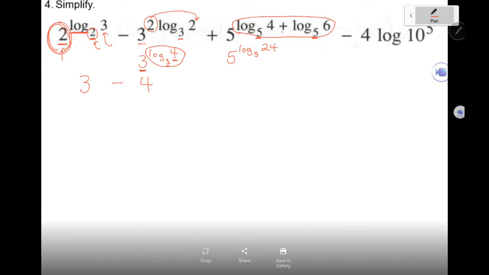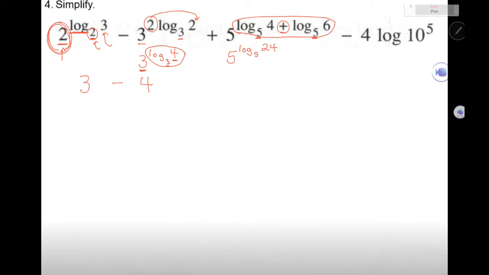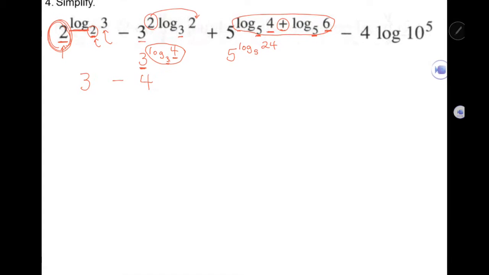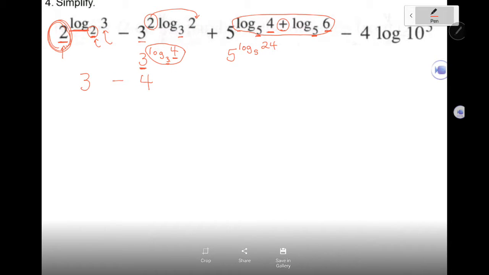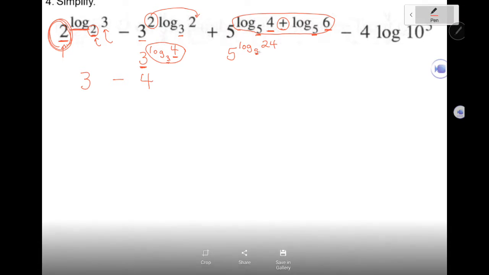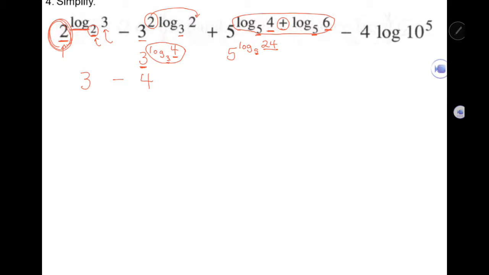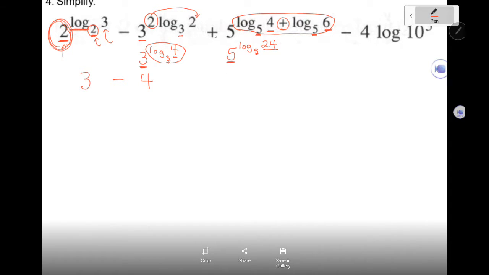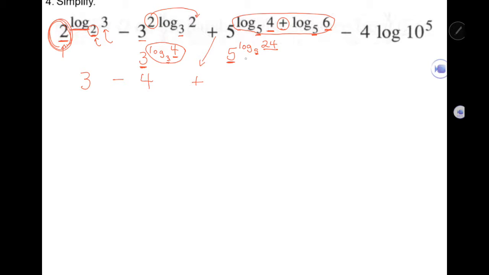When I add my exponents, I'm supposed to multiply my arguments here, 4 times 6. And again, I say the same exact thing: there's some exponent for 5, such that if I raise 5 to it, I get 24. And look, I'm raising this 5 to that exponent, so I should get 24. Here's my plus coming down, and I get 24 from that.